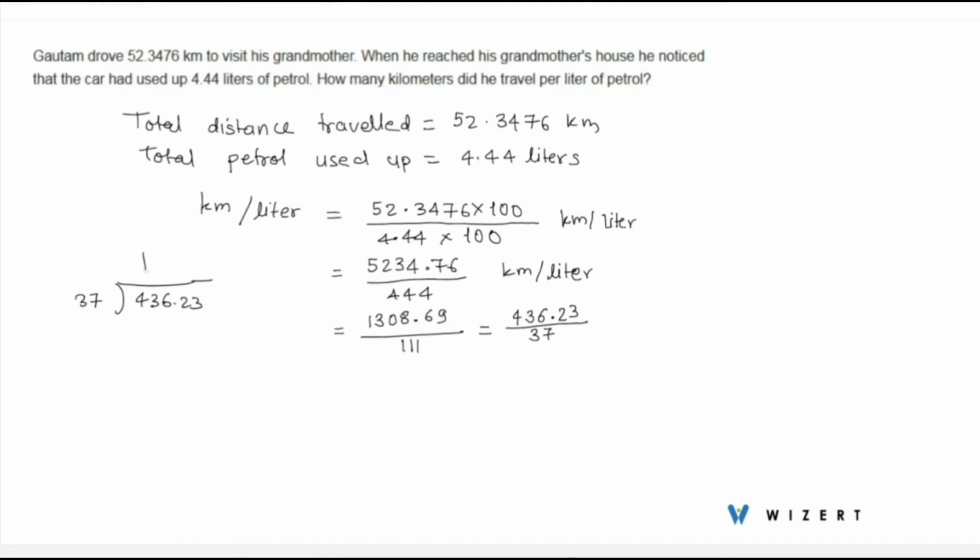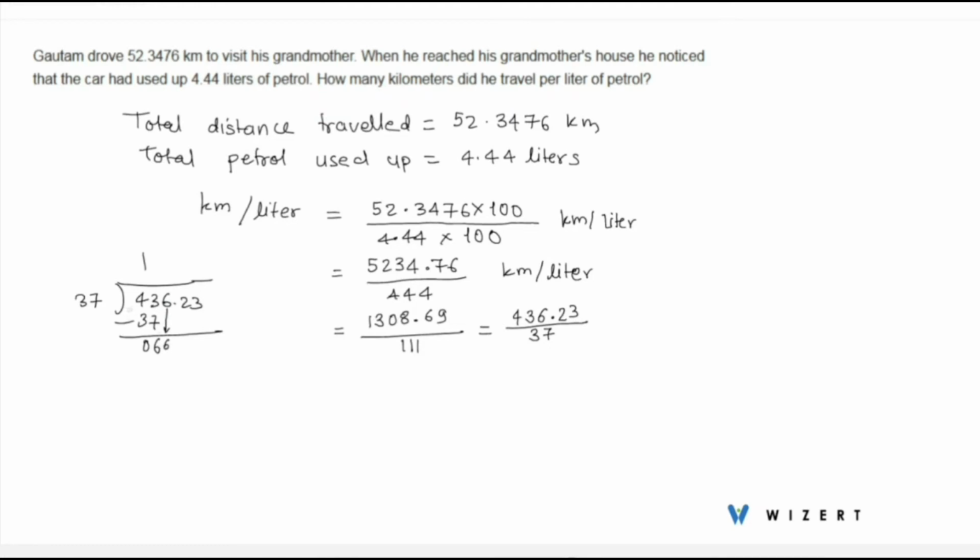So let's start with 37 ones are 37, we are left with 13 minus 7 is 6 and 3 minus 3 is 0. So this 6 comes down. We have 66.